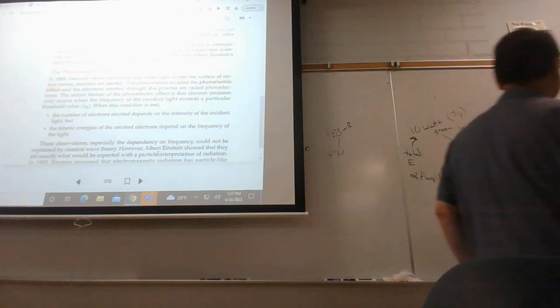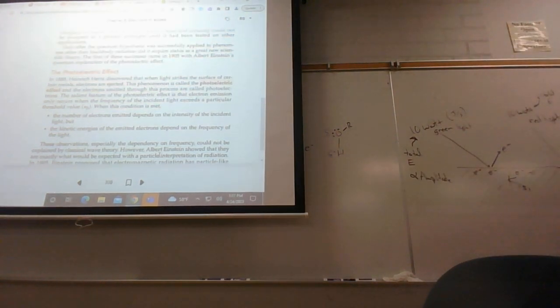So what we do then is, let's go to 100 watts of red light. It's 10 times more energy here. So it'd be much more intense. What do you think? Well, what happens here is, again, no electrons are ejected.